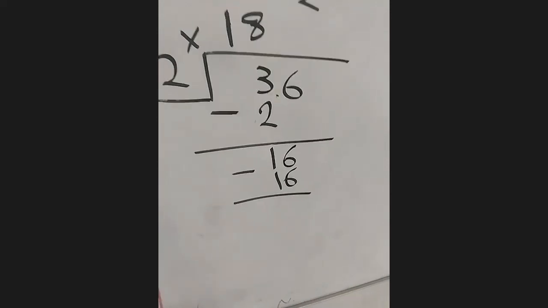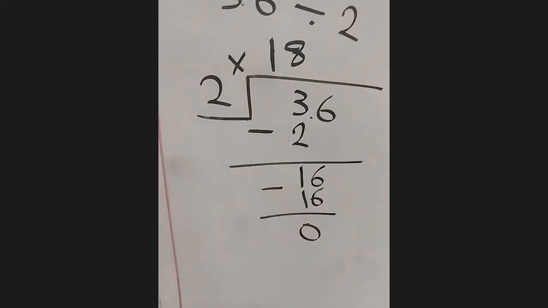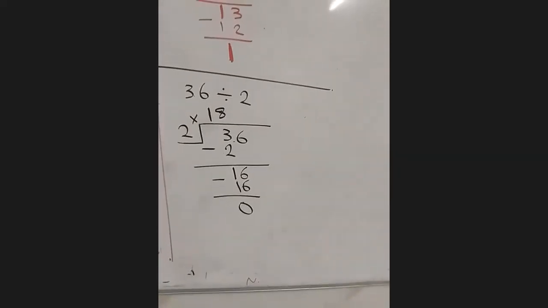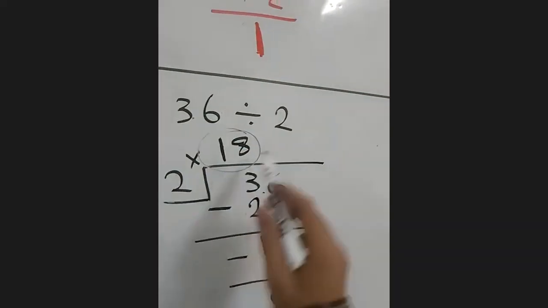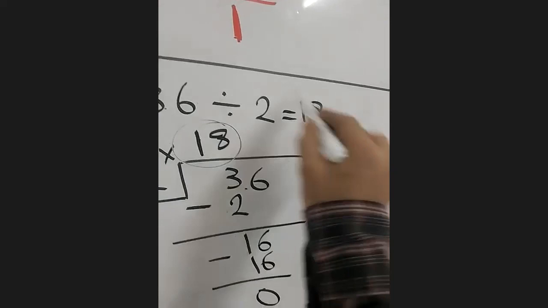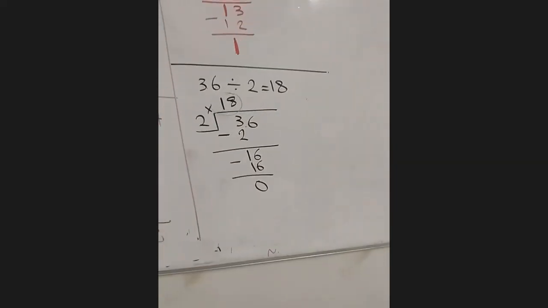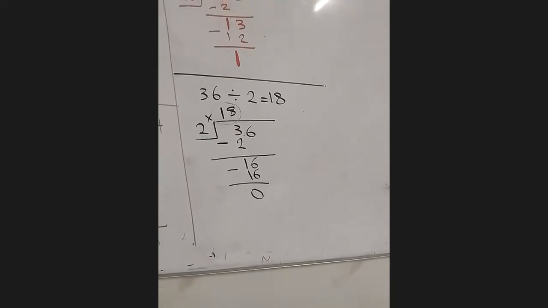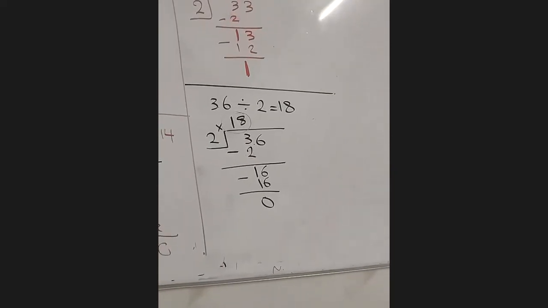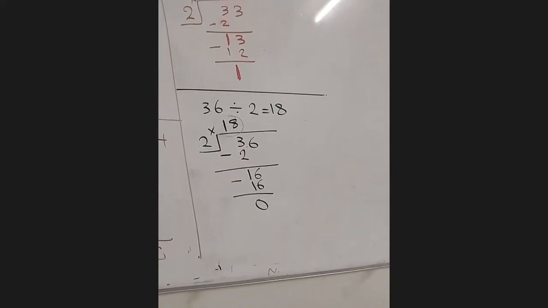Now subtract, the answer is 0. So what's the answer, Muhammad? The answer is 18. 36 divided by 2 is 18. You got it? Yeah. Good boy.